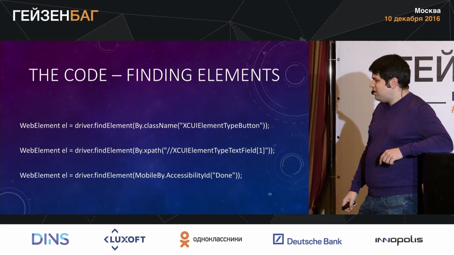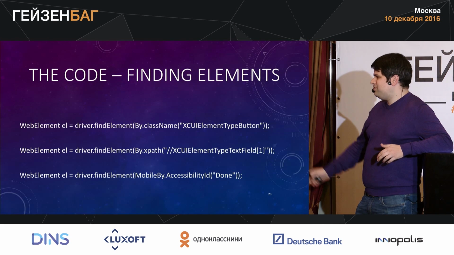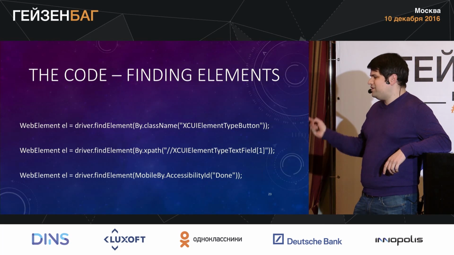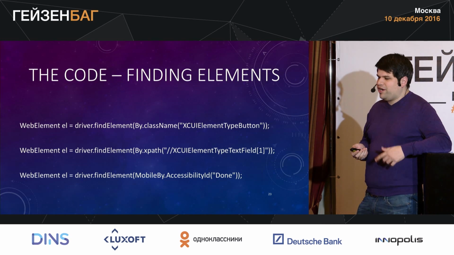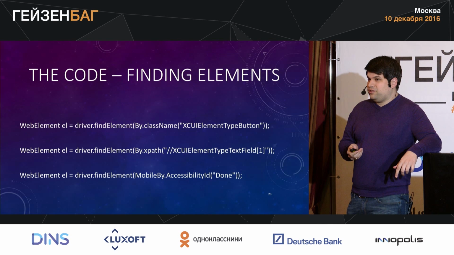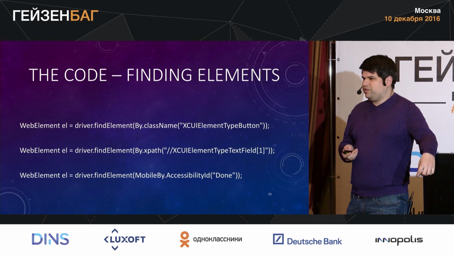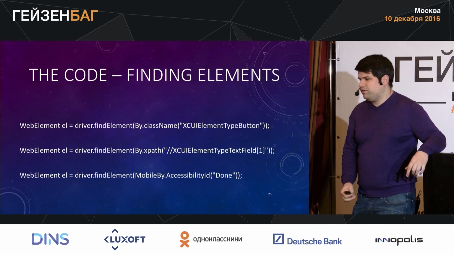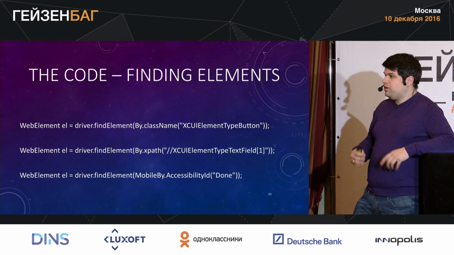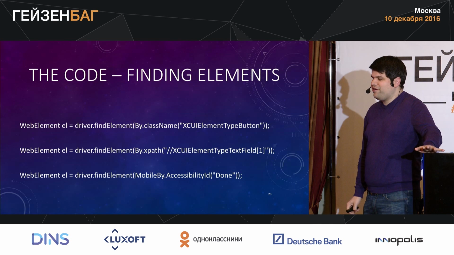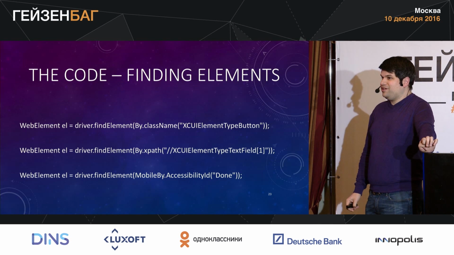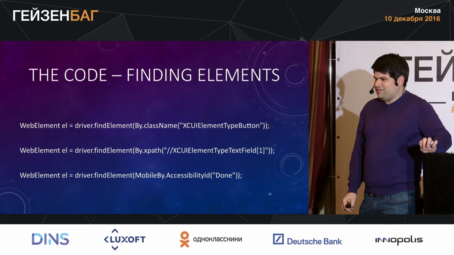Lastly, I still recommend that you just ask your developer, or if you are the developer, you put an ID in there, because that's the most reliable, quickest way to do it. On Android, that's going to be resource ID, which you can put in your XML for your UI, or it may just get generated for you. On iOS, you would want to use the thing called accessibility identifier, not accessibility label, not accessibility hint.